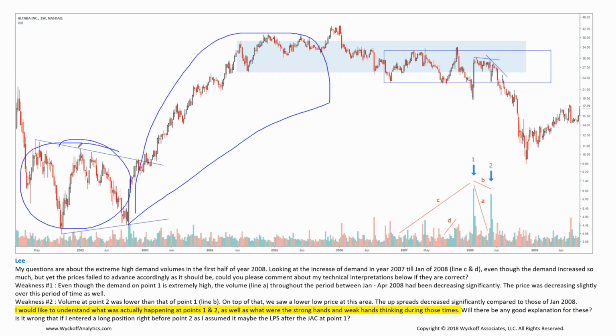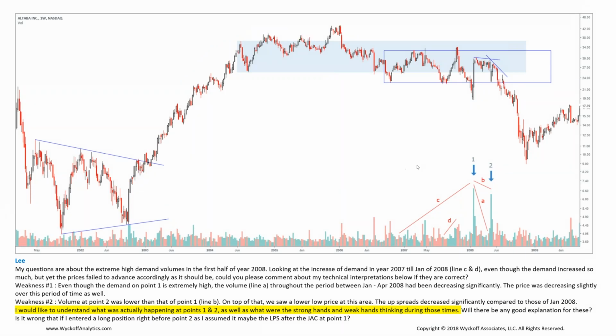Yeah, I'm not sure if I understand the question, Eric. Let's just kind of rephrase it. Let's just think about this. Okay, meanwhile, small time accumulating. You mean this area right here as a cause? Or this as a cause? Okay.